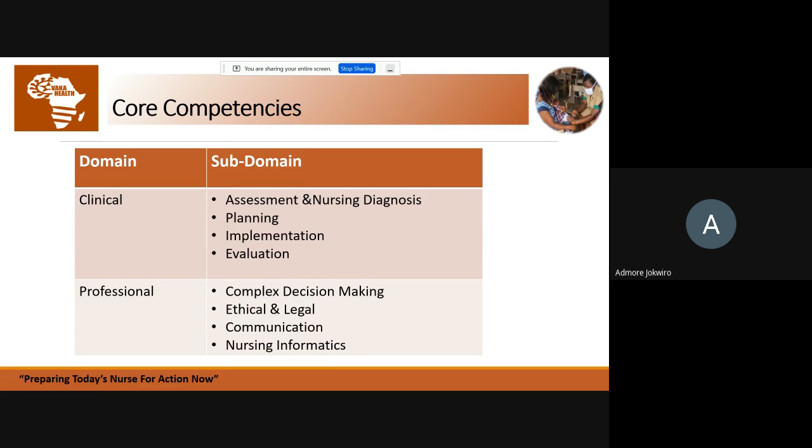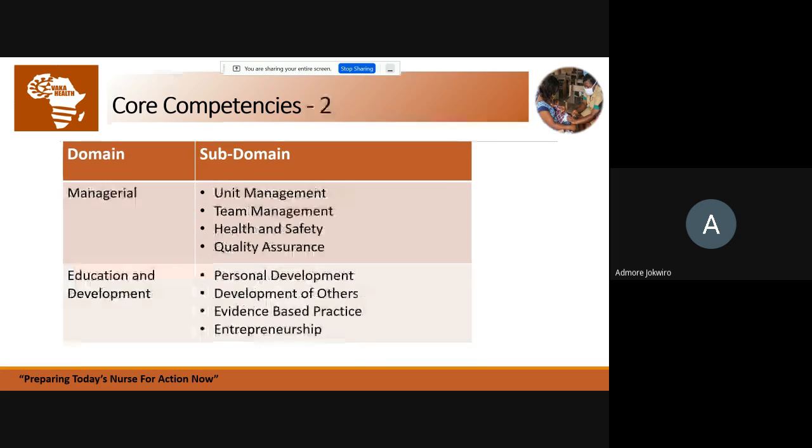The professional domain talks to complex decision-making, ethical and legal issues, communication, as well as nursing informatics. The managerial domain talks to unit management, team management, health and safety, things around quality assurance. And then the education and development domain talks to personal development, how you also develop others, evidence-based practice, as well as entrepreneurship.